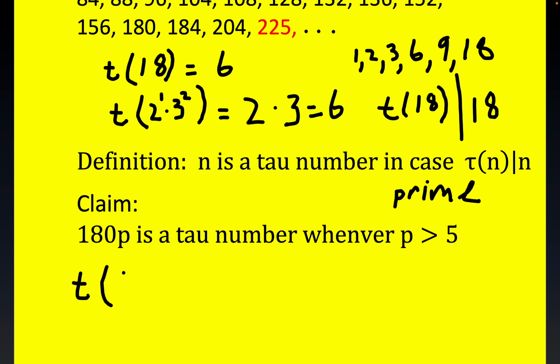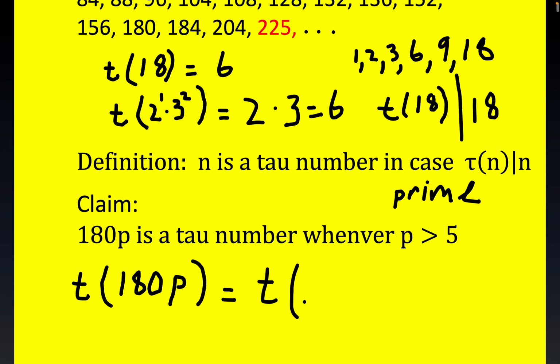Now, tau evaluated at 180 times p, where p is a prime greater than 5, okay? Tau is getting used in 2 ways. It's getting used as a definition and as an operator.